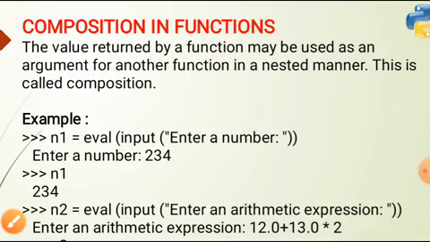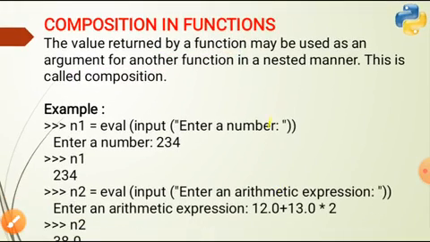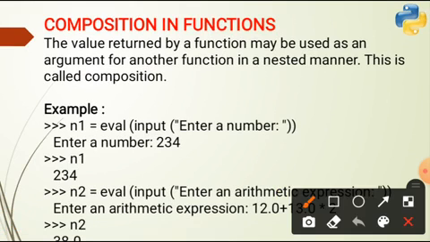There is an example. I hope you can understand better on seeing the example. There is a function called eval, which is the short form of evaluate. What is meant by evaluate? We have to process.